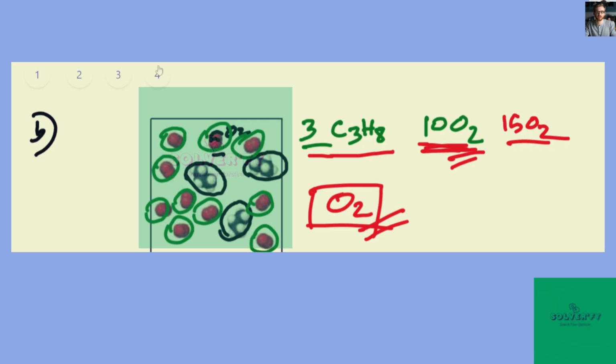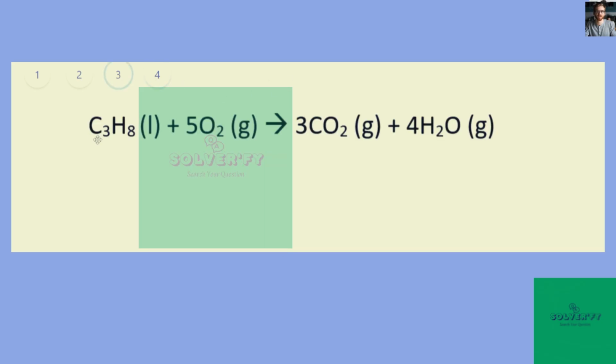Now, in the last part of this problem, or in part C, we have to say, after complete reaction, how many molecules of each reactant and product we will have.